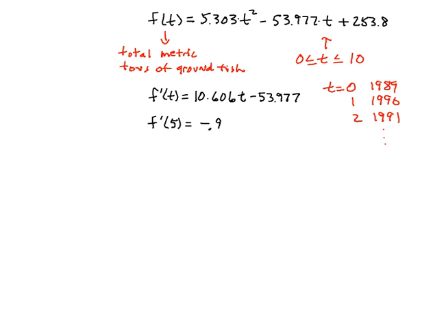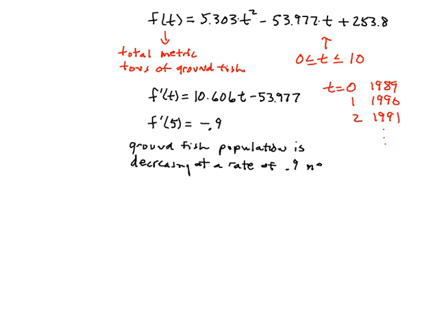So I could say the groundfish population is decreasing at a rate of 0.9 metric tons per year.